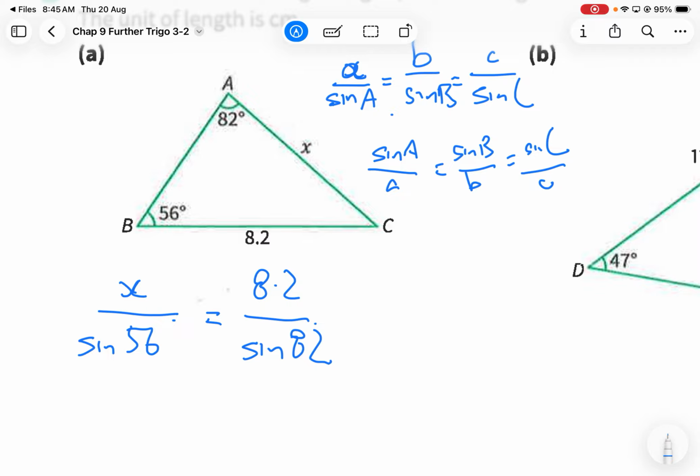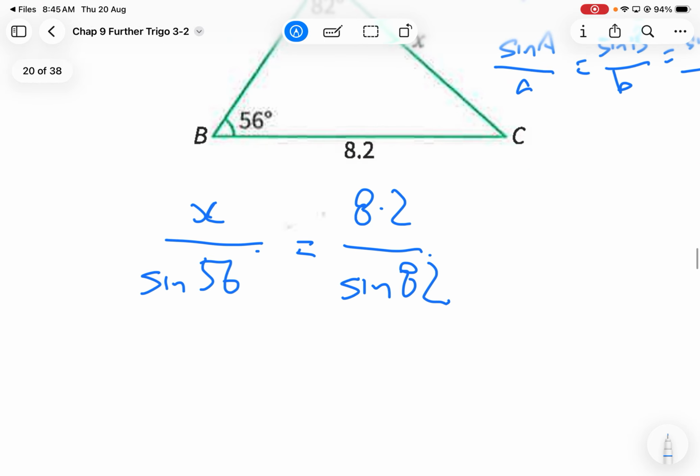So I will always write down what I don't know on top of the opposite angle, then equals the known side over its corresponding opposite angle. Then sine 56 is a number, sine 82 is a number. I have an equation like that. I want to solve for x.